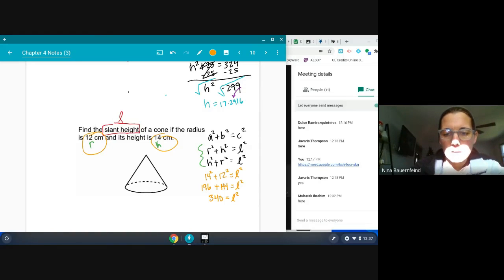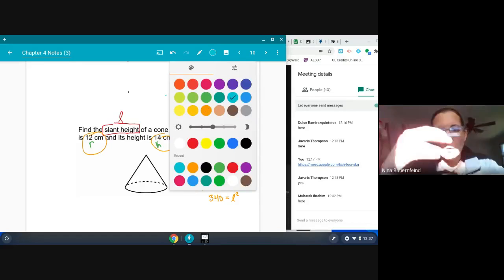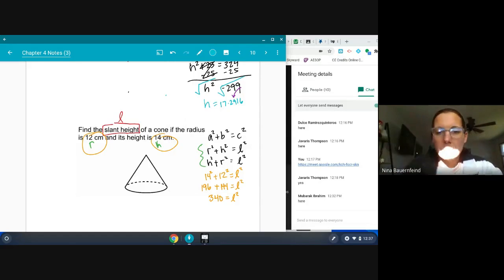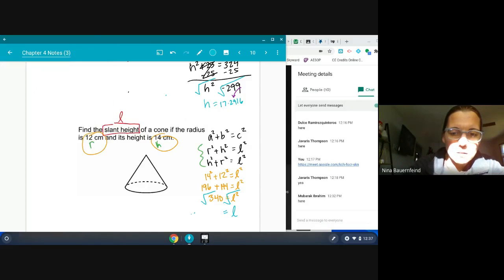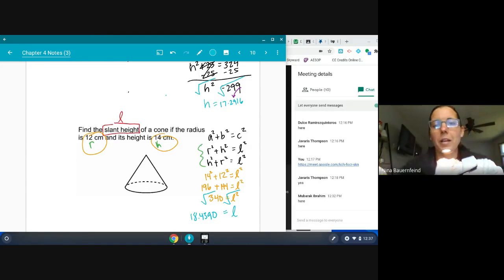340 equals slant height squared. And the last move that we always do when we're using this version of the Pythagorean theorem is to square root. So if we square root 340, we get 18.4390. If I say you go to 1 decimal spot, that means you need to look at the second one.